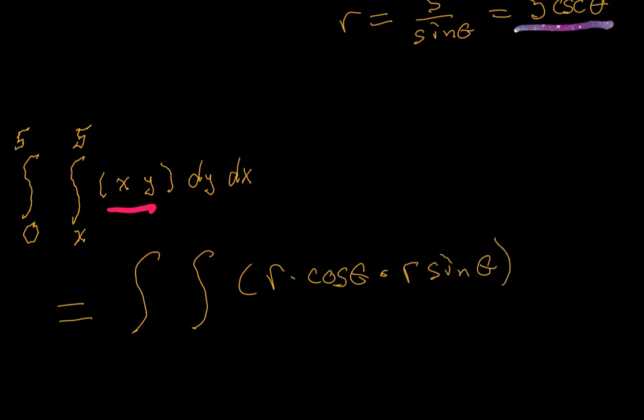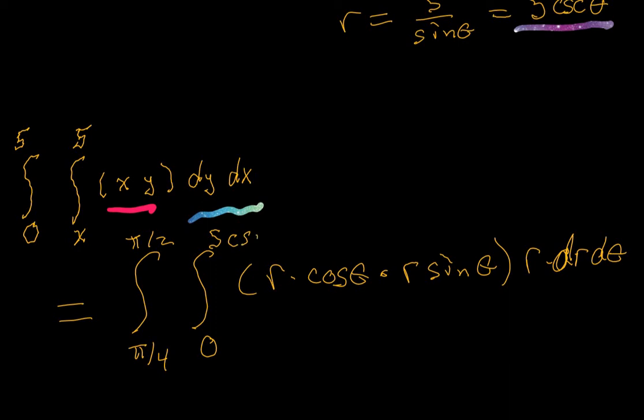And then the dy dx, we did this derivation in class, is r multiplied by dr d theta. And we just discovered that our theta boundaries go from pi over 4 to pi over 2, and our r boundaries go from 0 to 5 cosecant of theta. So there we have it, converted to polar.